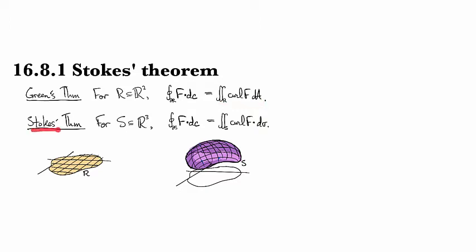as opposed to Stokes' theorem, which says that if we have S now in R3, but it's important to say what I mean by S. What I mean by S is actually that it's a parametrized surface like this, not that it's a solid 3D region.